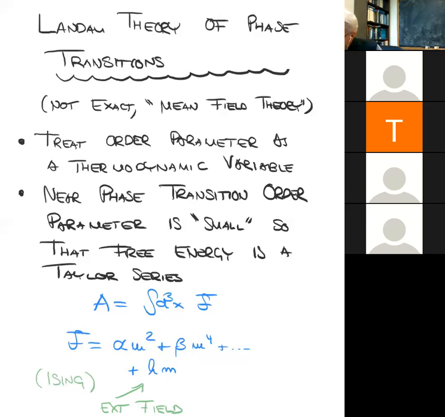So in general, there can be a term that has gradients, and that term is usually called kappa divided by 2 times the gradient of m squared. Again, in principle, there can be many more terms with higher powers of m or more and more gradients. But this expression here is the one that's usually called the Landau free energy.